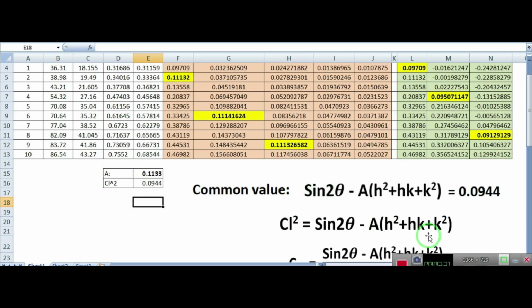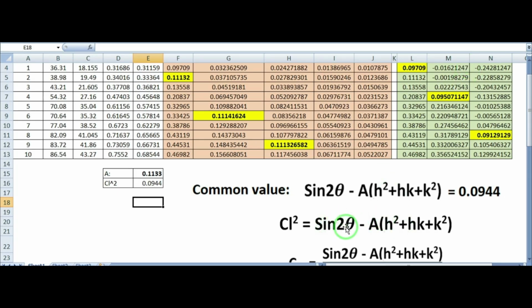In the beginning we have taken C square equal to sin square theta minus capital A into h square plus hk plus k square. Depending on the combination of h and k, this factor may vary.